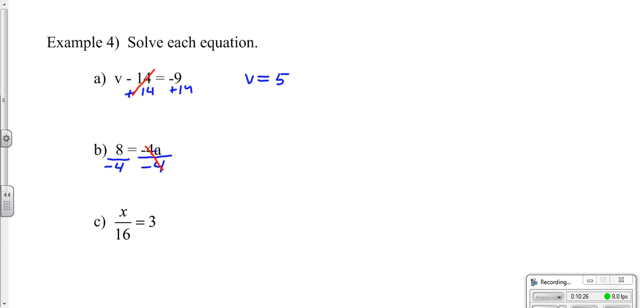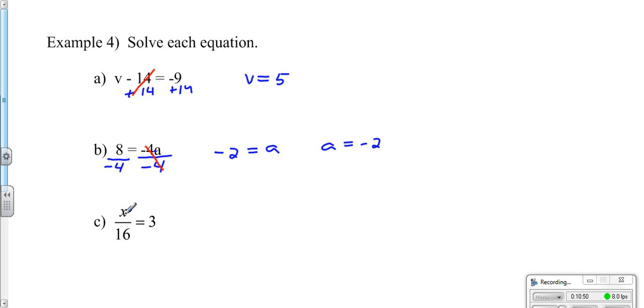We have to maintain balance. So this would give us a on the right, and 8 divided by negative 4, which is a positive divided by negative is negative. 8 divided by 4 is 2. Now I could write a equals negative 2. That's fine. Both are considered the same.